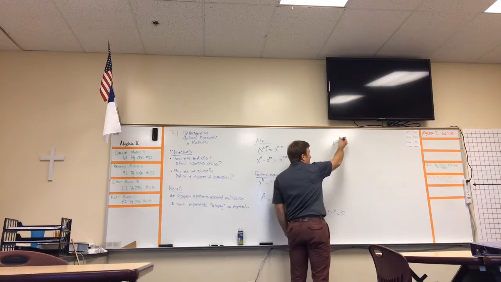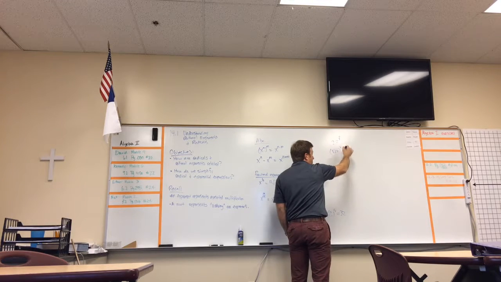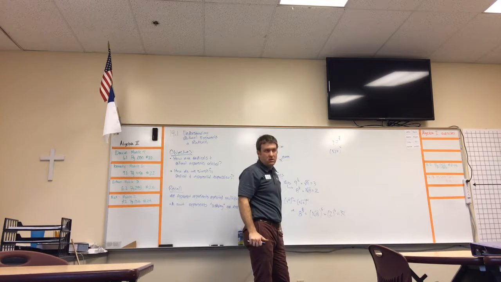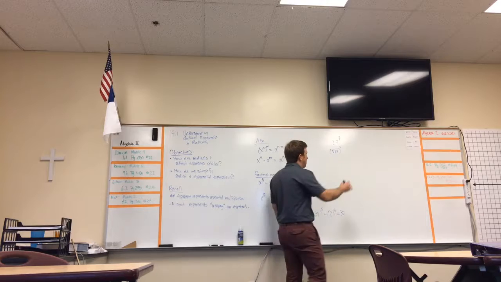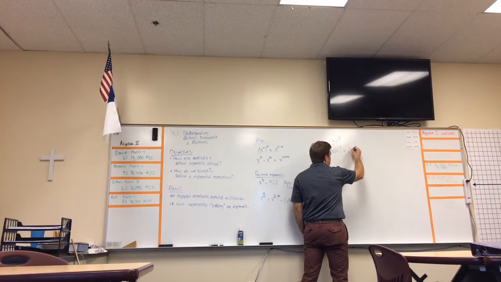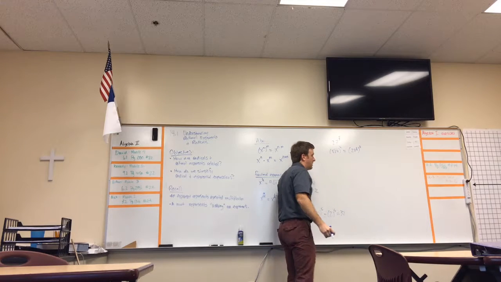That means I have a 3 in the denominator, so it's the cube root of 27, and I have a 2 in the numerator, so it's squared. And just a reminder, this equals 27 to the 1/3 squared. Okay?